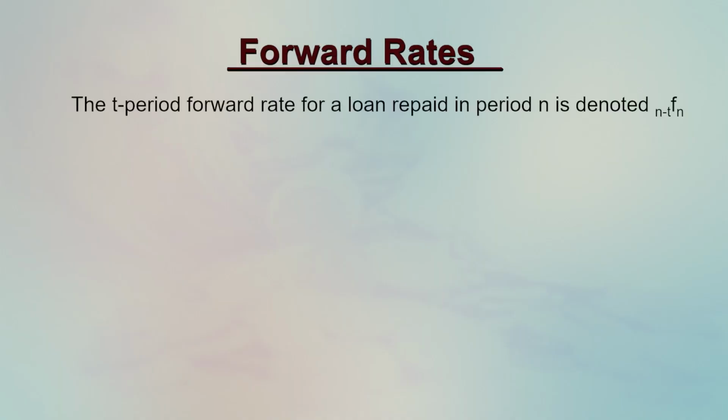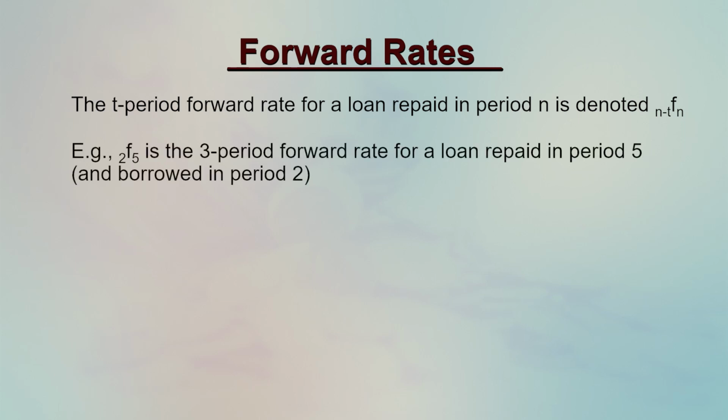This basically boils down to another important rate, the t period forward rate, which is denoted by n minus t Fn. So for example, when we consider a formula of n period forward rate or t period forward rate, we find that n minus t is the time period where the loan will be raised, and n with the suffix of f denotes when it will be repaid.